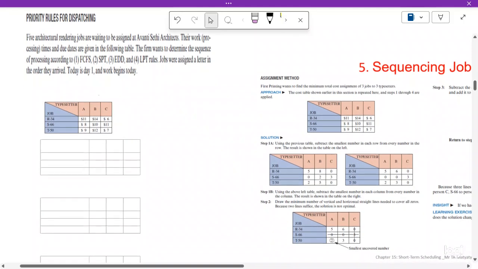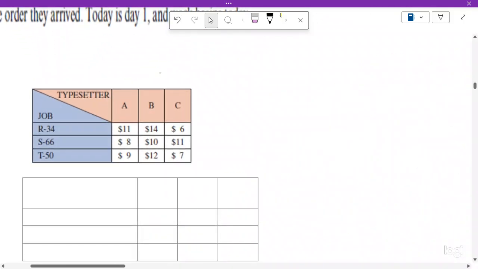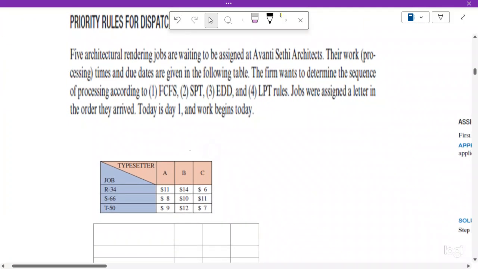Then I'm going to priority rules for dispatching, né? So five architectural rendering jobs are awaiting to be assigned at Avanti SETI Architects. The work processing times and due dates are given in the following table.